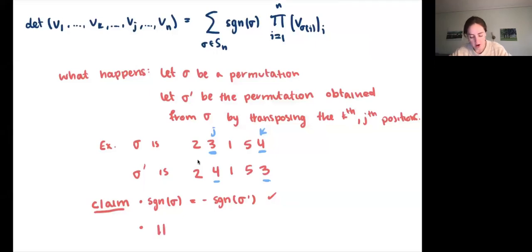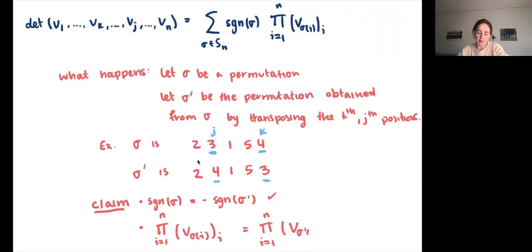I'm going to say product as I goes from 1 to n, v sigma I, this is equal to the product as I goes from 1 to n, v sigma prime of I sub I. Okay, so why is that?